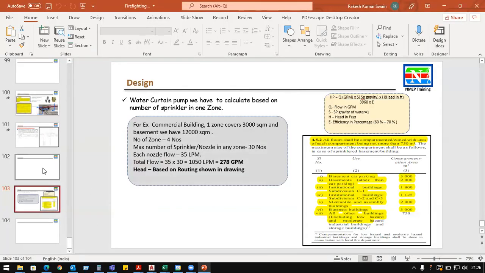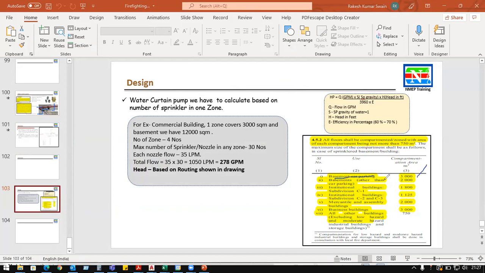Clear? Next is calculation: how to calculate the pump capacity. And this is given for all the zones. How many zones do you have to consider? Zone or compartmentation. How much compartmentation? For basement car parking, 3,000. For basement other than car parking, 2,000.